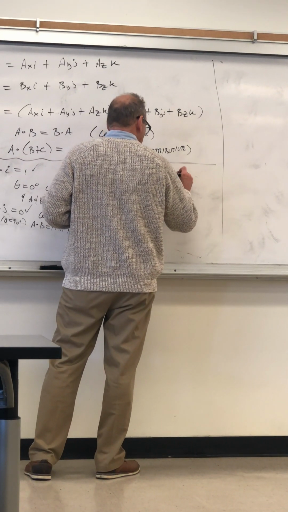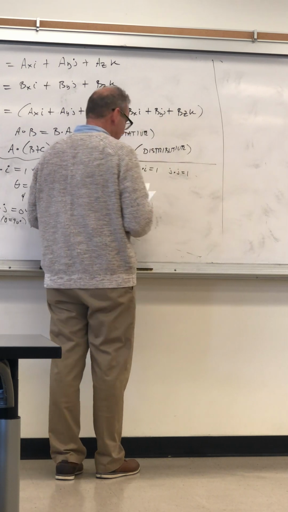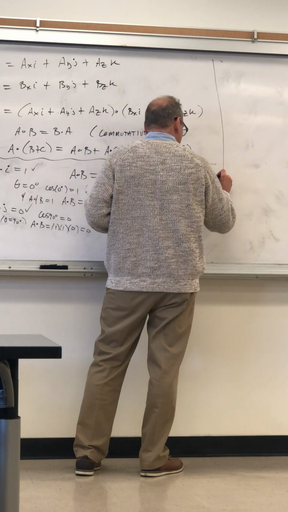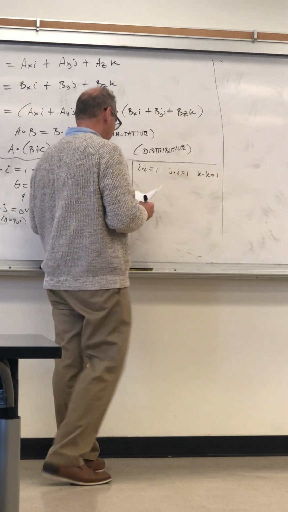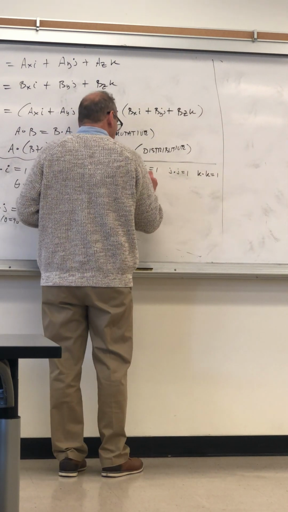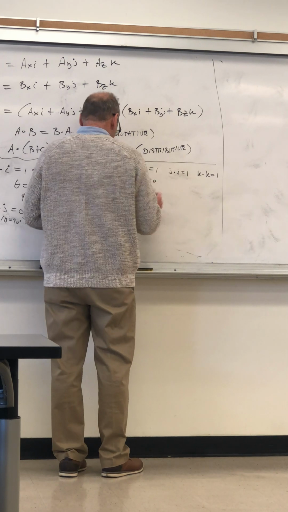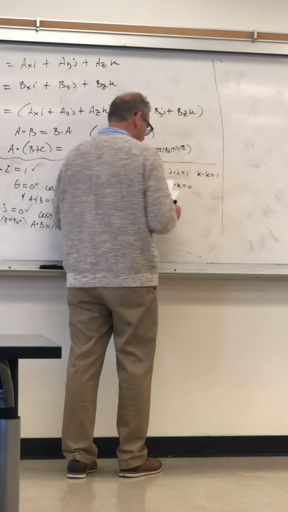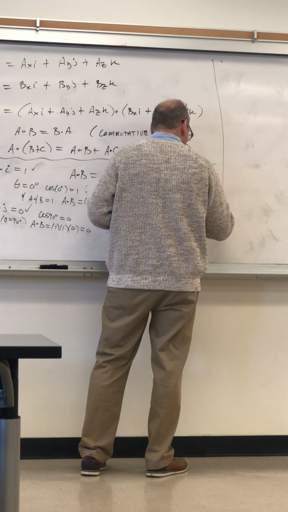J dot J is 1, and K dot K is 1. I dot J is 0. J dot K is 0, and K dot I is 0.